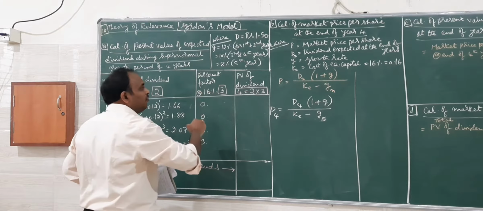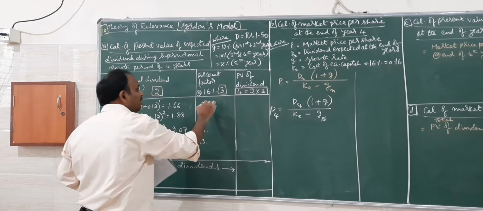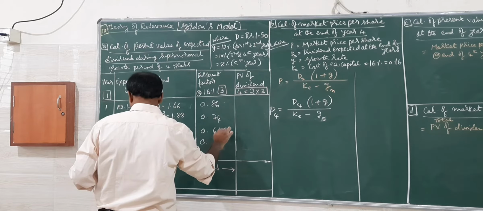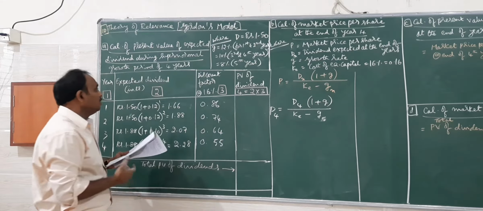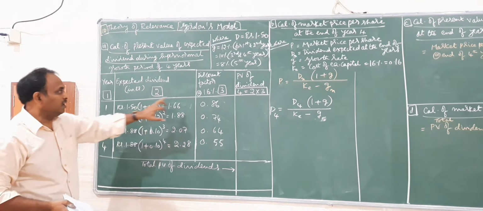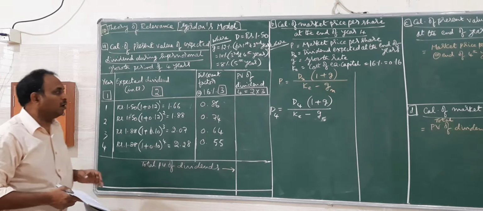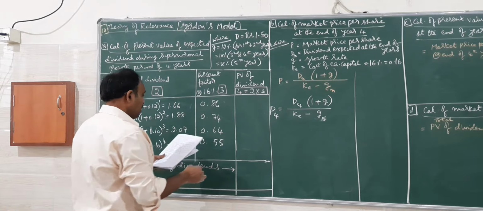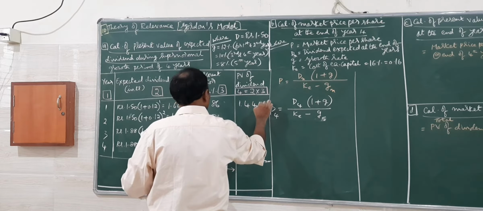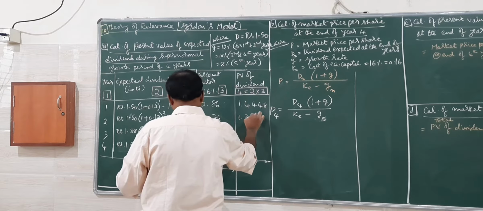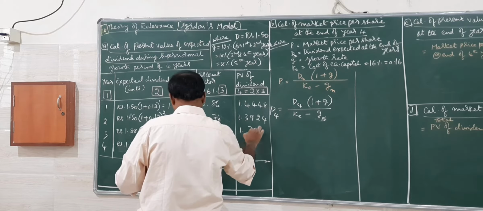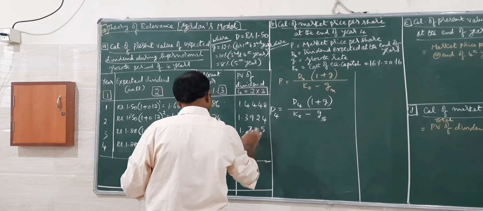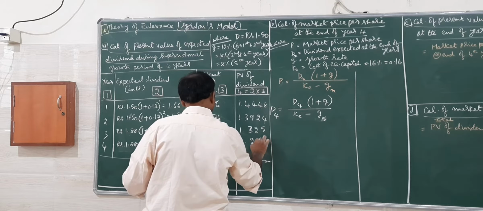Then the discount factor or cost of capital is 16%. The PV factor is given in the problem, so I will take the same values. Then we have to multiply the expected dividend and the discount factor to get the PV of dividend. 1.66 into 0.86 gives 1.4448, then 1.3924, 1.325, 1.254.